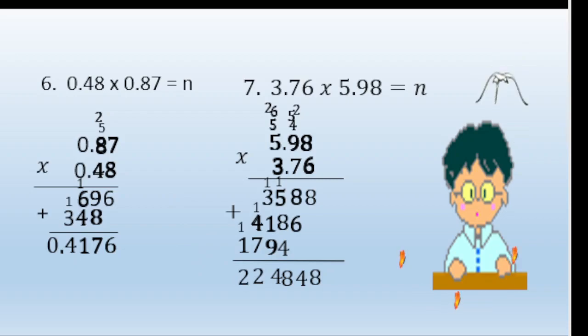Okay, so how many decimal places? There are 4. So put the decimal point between 2 and 4. So your answer is 22 and 4,848.